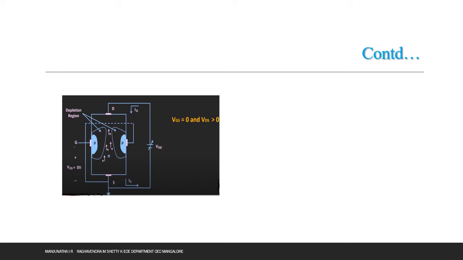When we give the positive voltage to the N region, where electrons are majority charge carriers and having negative sign, it makes the PN junction reverse biased, where the PN junction exists at the gate.